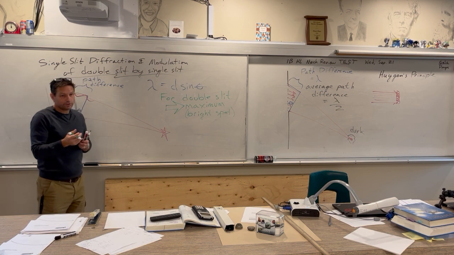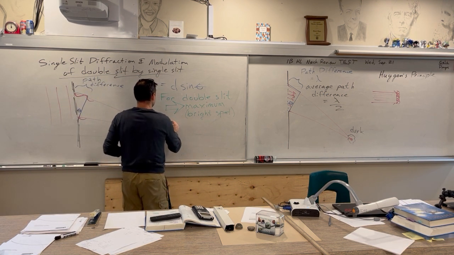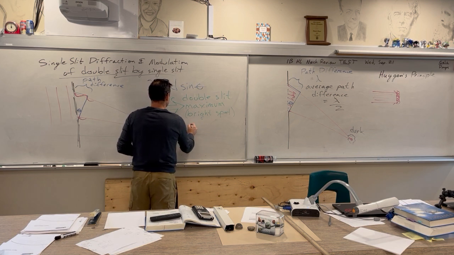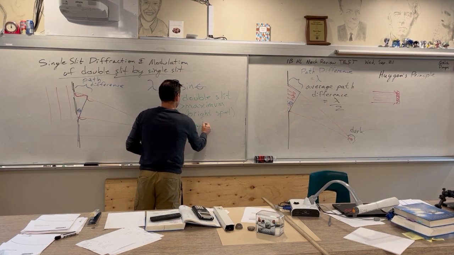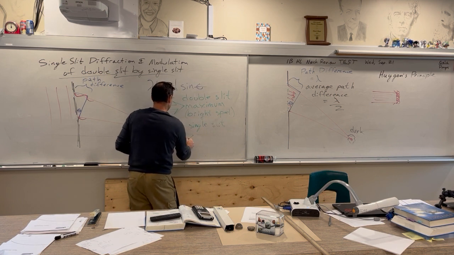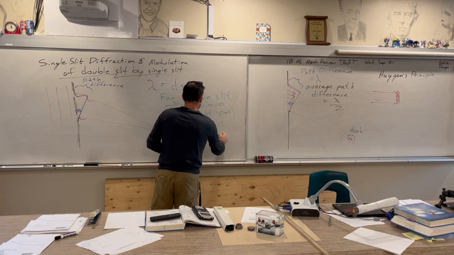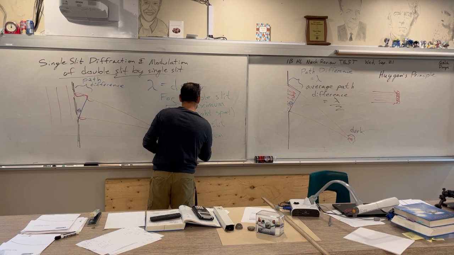And so you can have d sine theta for a double slit, you get a maximum, but for a single slit, you get a minimum. And that's, of course, going to be dark.